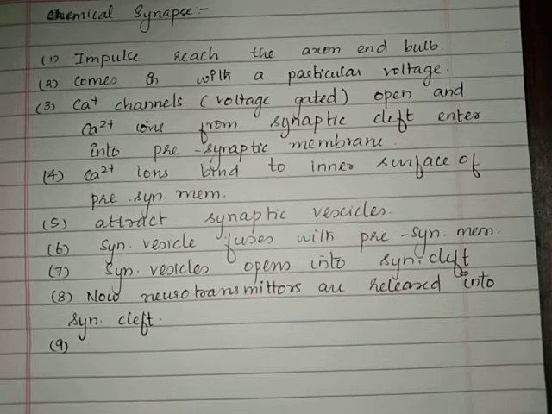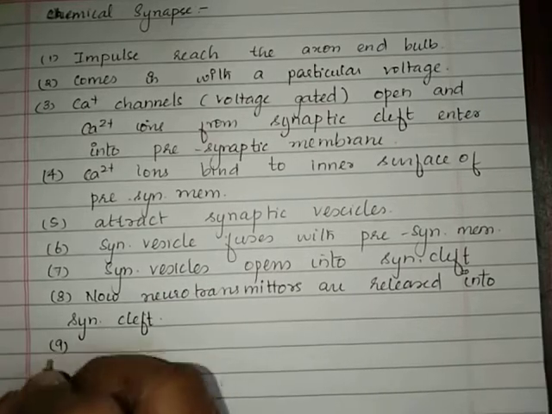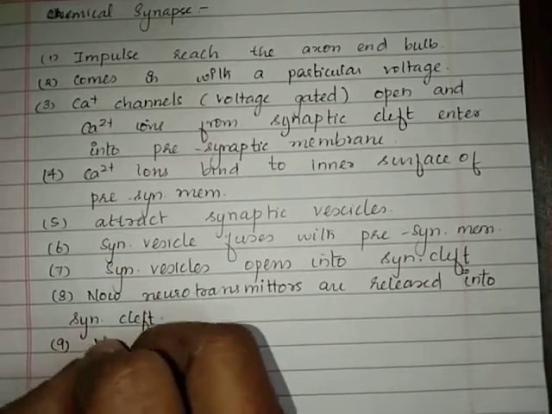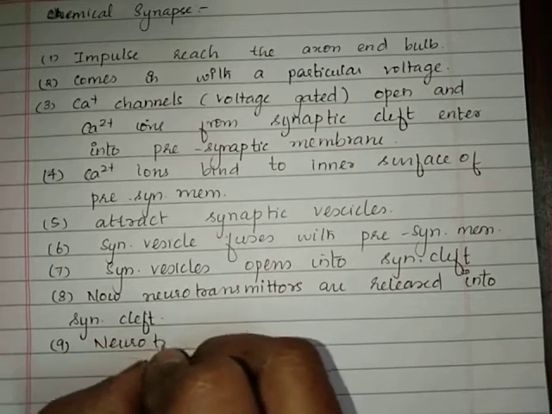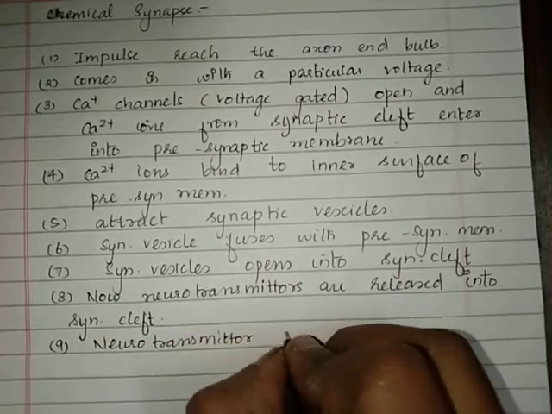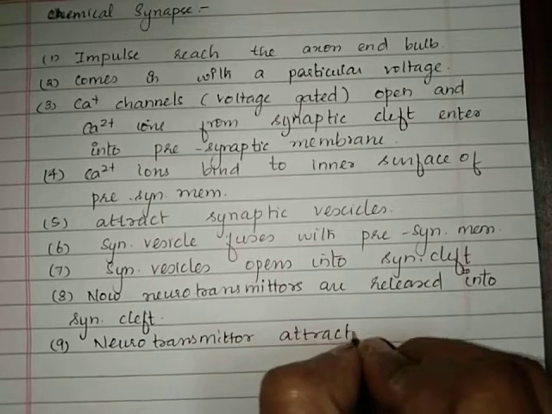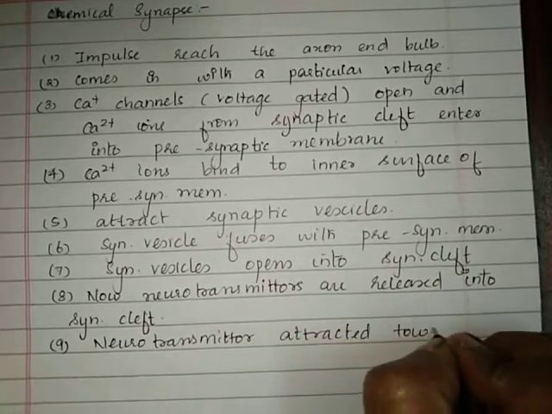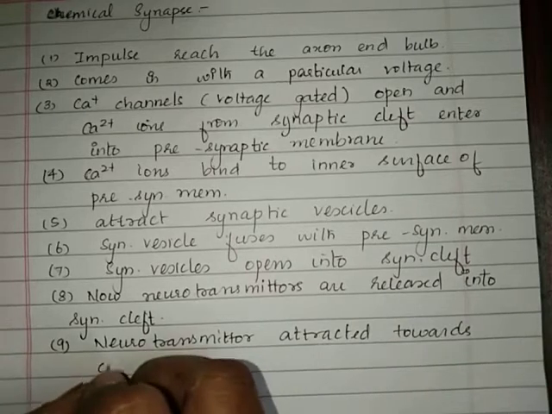The amount of neurotransmitter released and the type of neurotransmitter released depend on the impulse that is coming in. Now the neurotransmitters are going to be attracted towards the chemoreceptors.